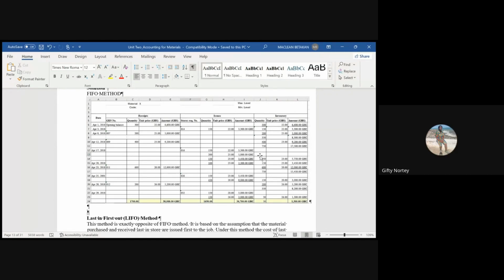That's my view. For me, the opening inventory will be 6,600, that is first April 2018, and the closing inventory will be 10,300 Ghana cedis, that is 29th April 2018.